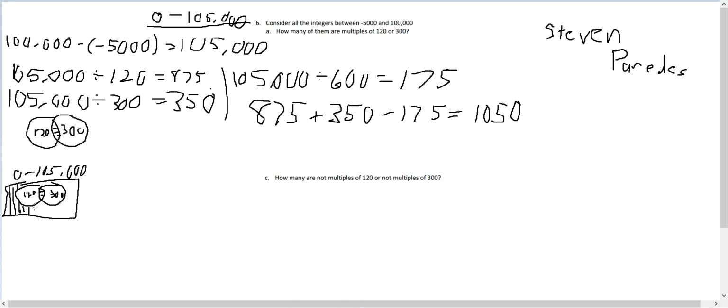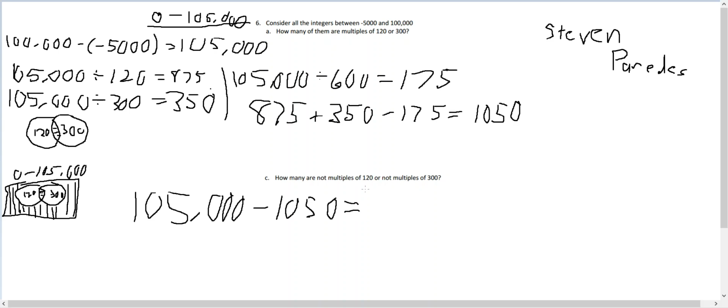So, while there are many ways you can do this, I find that the easiest way is to just take the total number of how many of them are multiples of 120 or 300, which we already found, and just subtract that from the total. So, the total being 105,000. We would then subtract 1,050 from that, because those are the numbers that are multiples of 120 or 300.